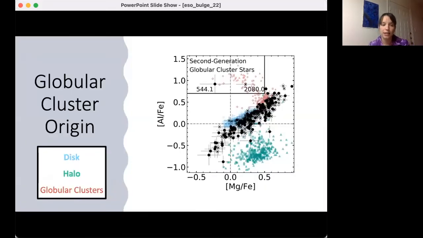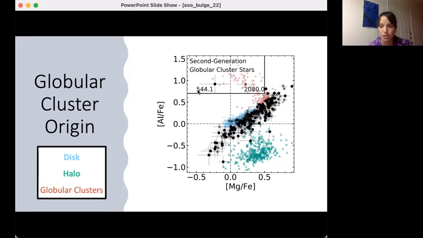One of the big signatures of a globular cluster star is this magnesium to aluminum anti-correlation. This is specifically a signature of second generation globular cluster stars. You can see the majority of our bulge stars fall along where the disk is, and the same situation we see in the halo.